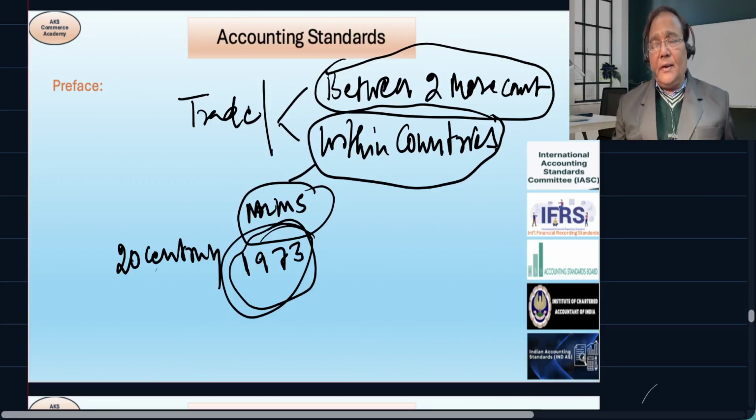Now in India's scenario, it had the option either to go ahead with the international accounting standard or to follow its own, but keeping in mind the norms which are there in the international accounting standard. So all these points were kept in mind, what is there in the international accounting standard, or as per the newer name, IFRS.